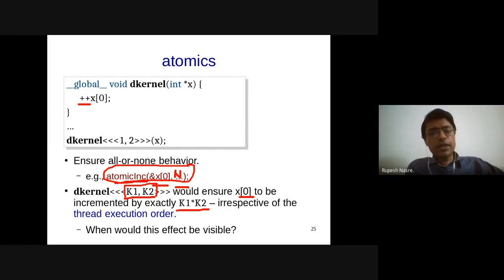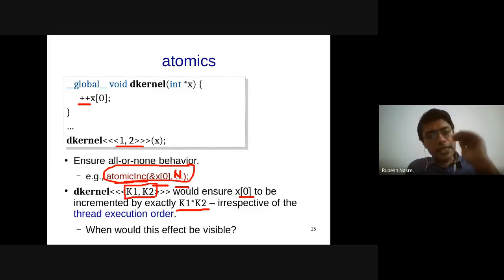So I think I should point out what happens in the SIMD case also. Thanks, Mrunalini, for that question. In the last case, since there were 2 threads in the same warp, there was a possibility that you will never see the value 2. However, when you have atomic instructions, even if you have this particular code, there is a guarantee that the atomic operation by individual threads of the same warp will ensure that the value is incremented appropriately.